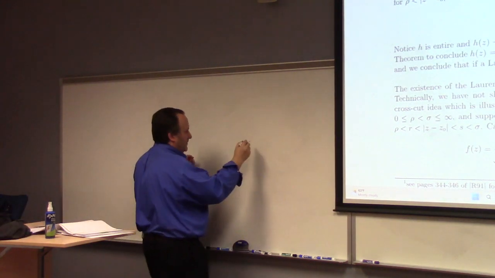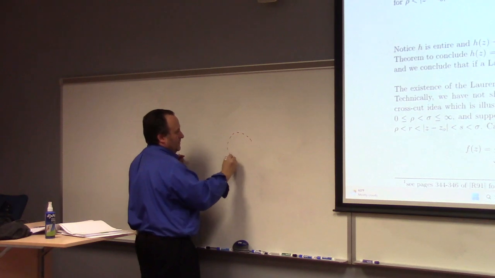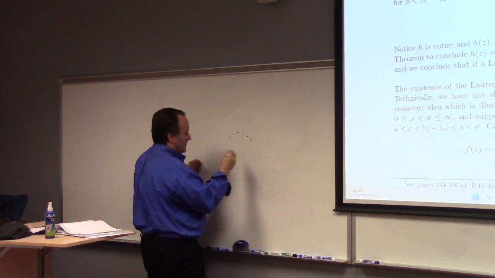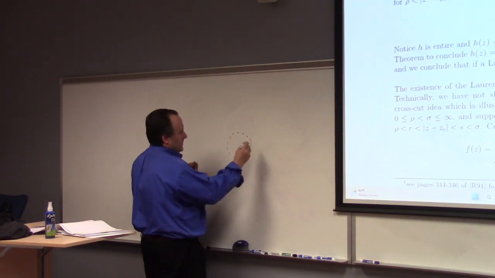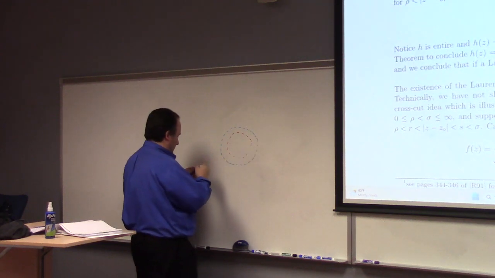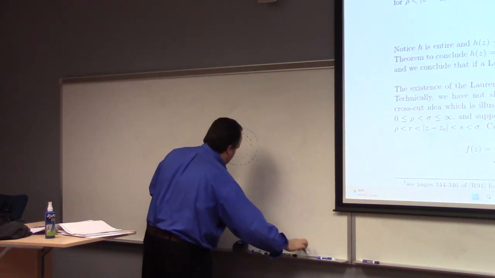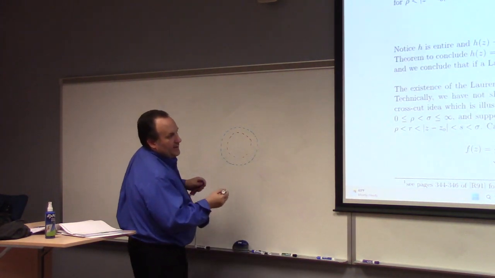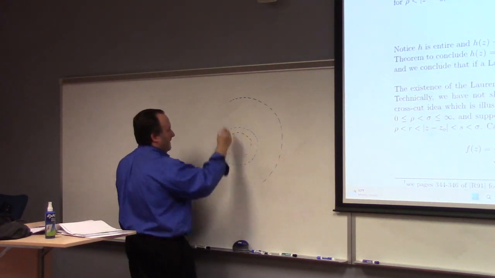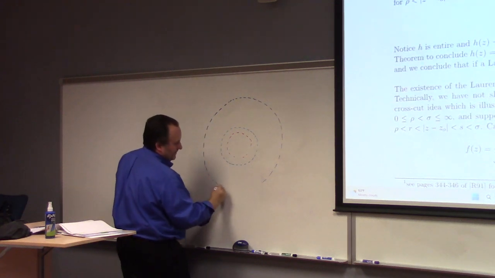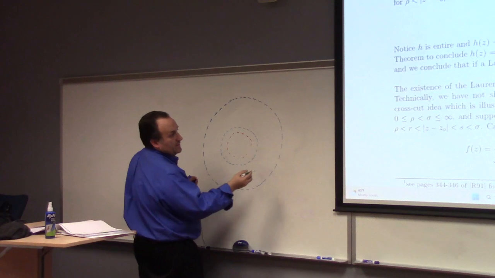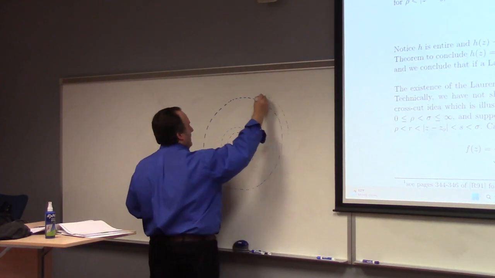We have rho inside, then we have this R here, then we have an S out here, and then we have the sigma out here.